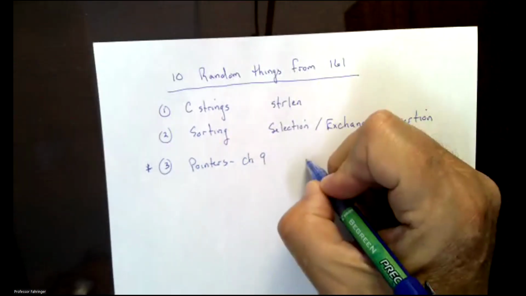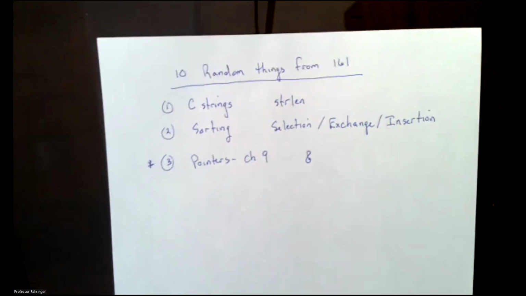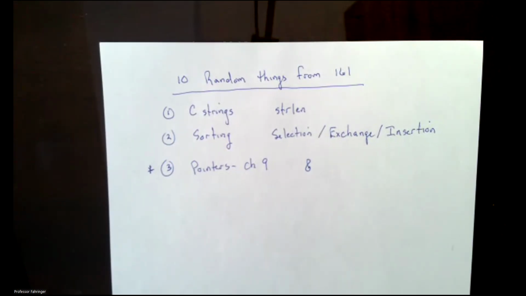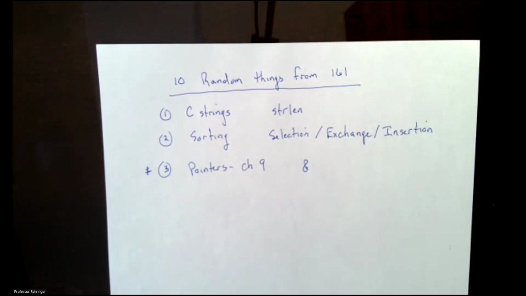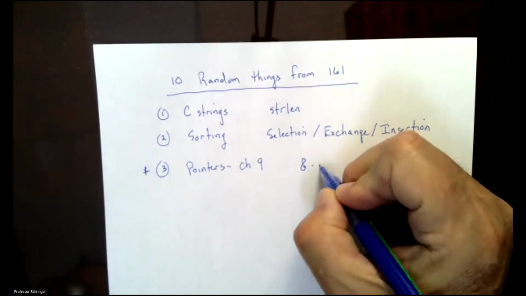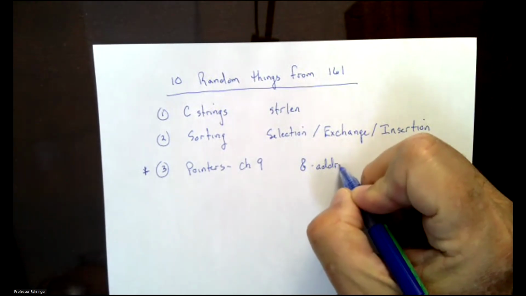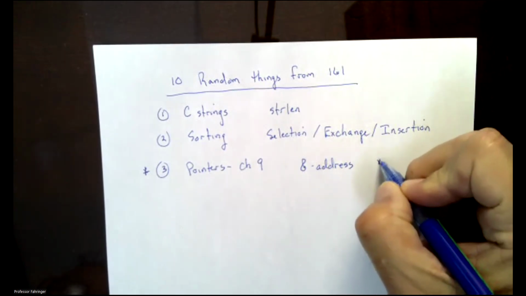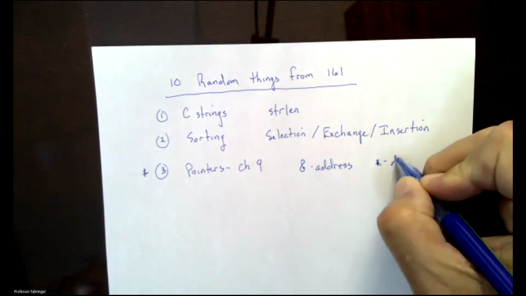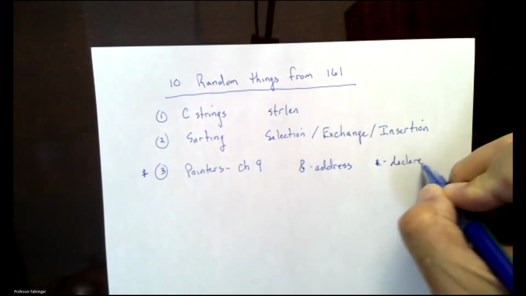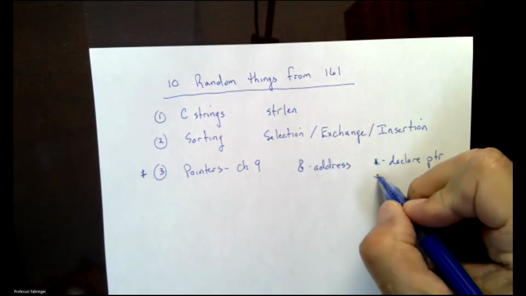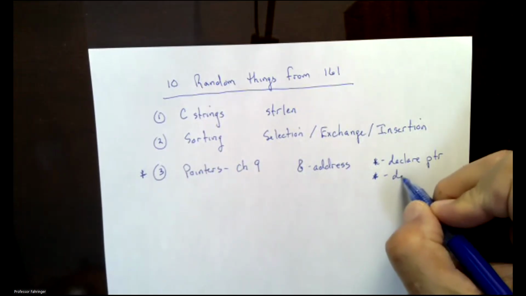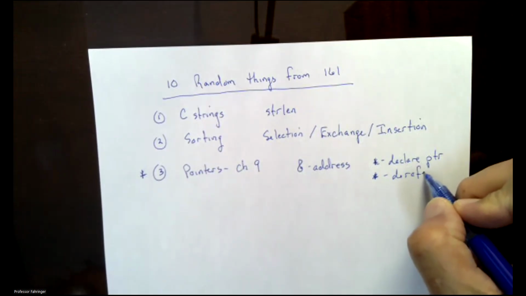But remember, we used the ampersand. The ampersand was big for getting the addresses. We had the asterisk. We used that to declare a pointer. And then we had an asterisk that did something called dereference.